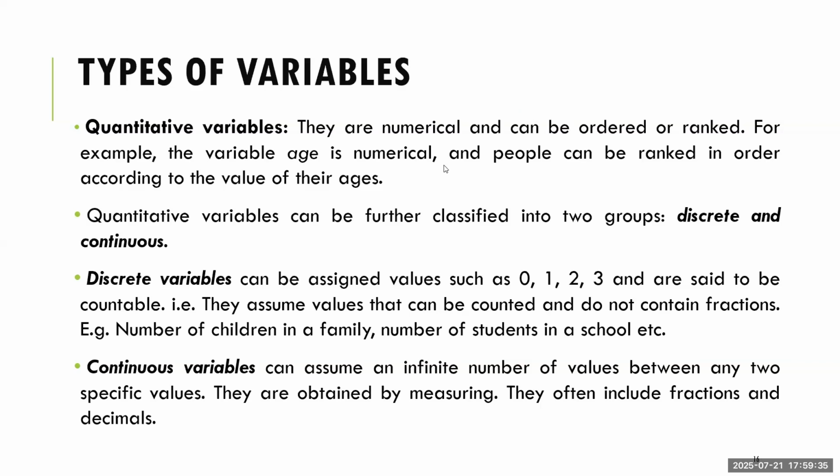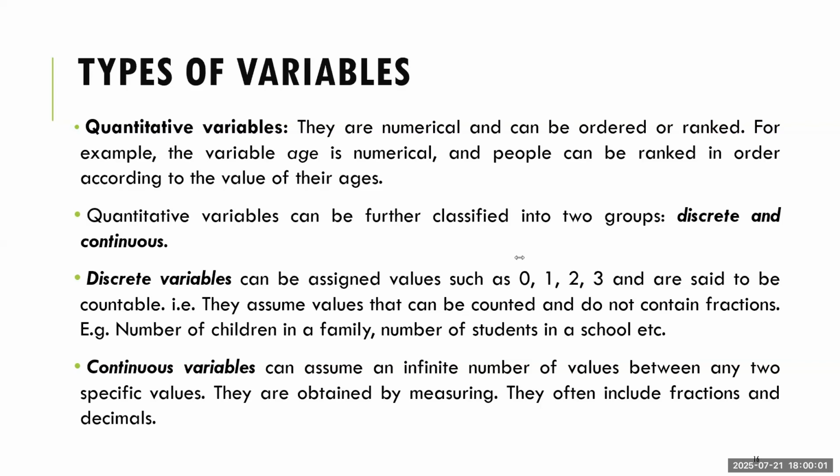Quantitative variables are numerical and can be ordered or ranked. So these are numbers. We work with numbers. Quantitative variables can be further classified into two groups. We have the discrete variables and the continuous variables.